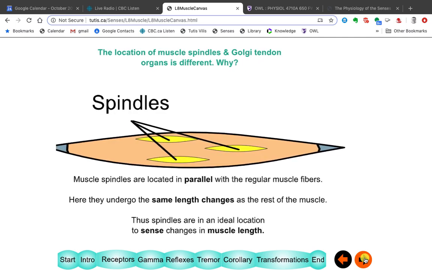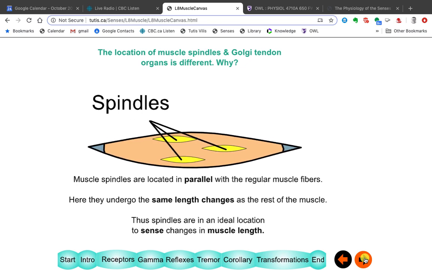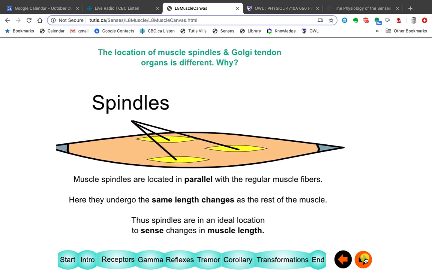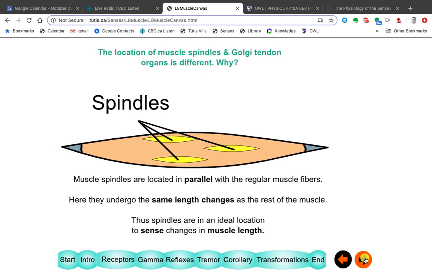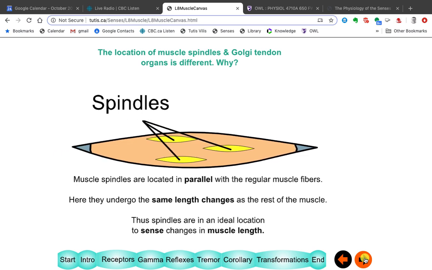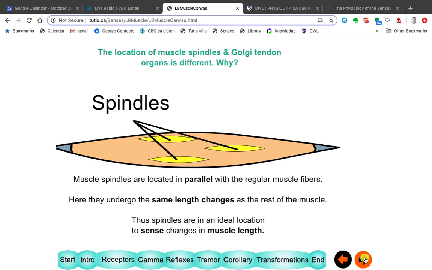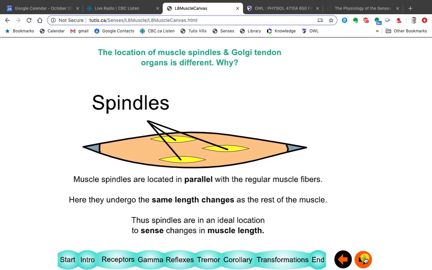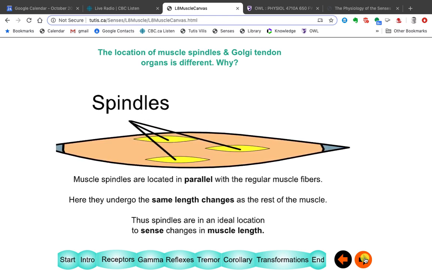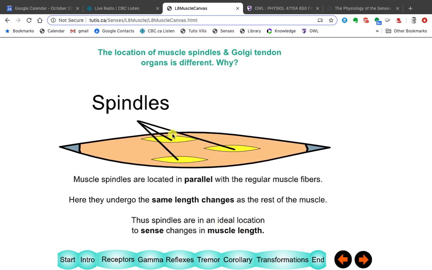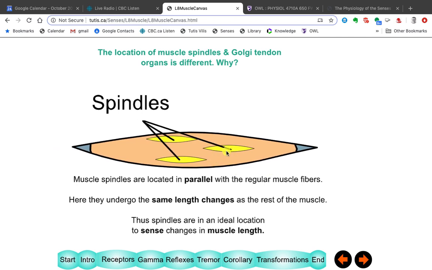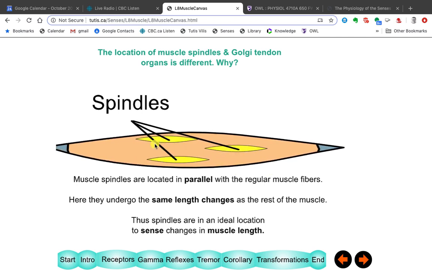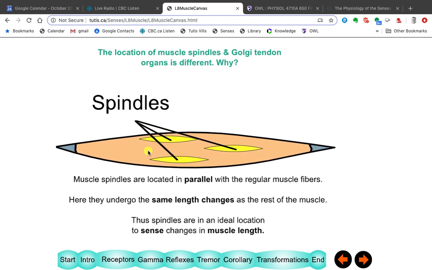Okay, the spindles. You can see here those yellow things there are the spindles. There's many thousands of them in any one of your muscles. And you can see the muscle itself changing length, so getting longer and shorter. And these things are in parallel with the rest of your muscle fibers.